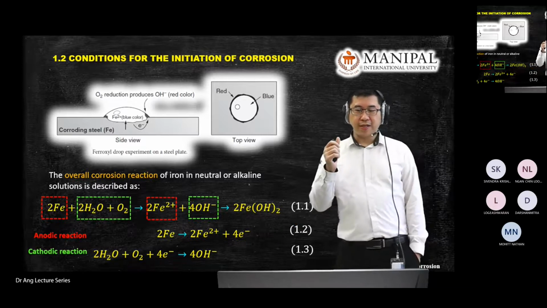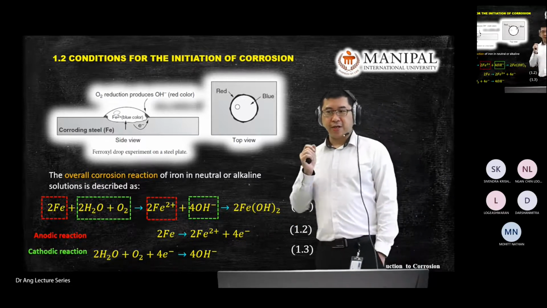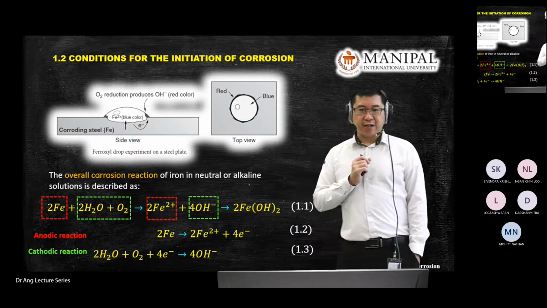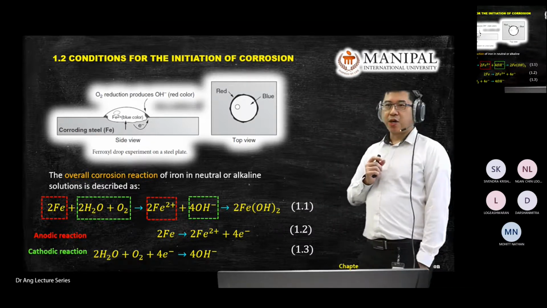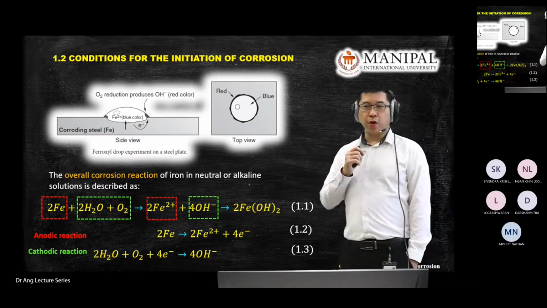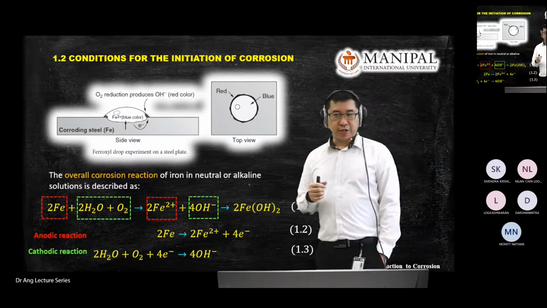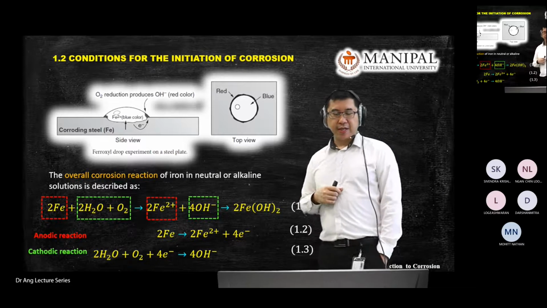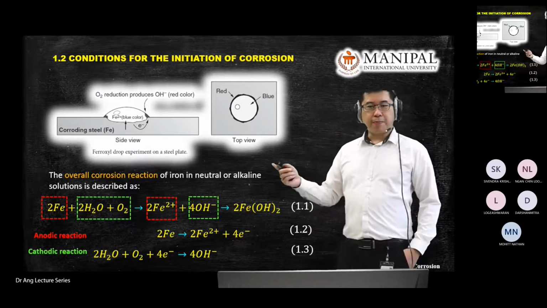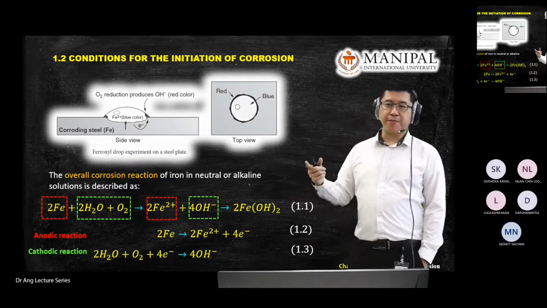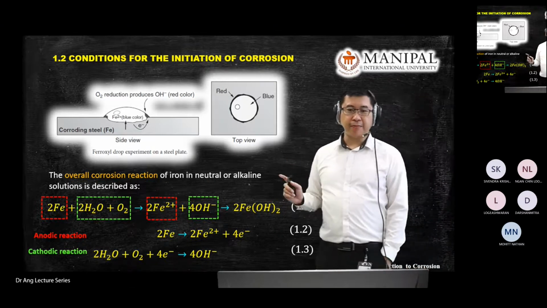What is the element? Metal and alloy. What is the effect? What can corrosion do to your element? It destroys, or brings destruction. Through what process? You have a lot of processes, chemical, biochemical. Later you will learn about all this.